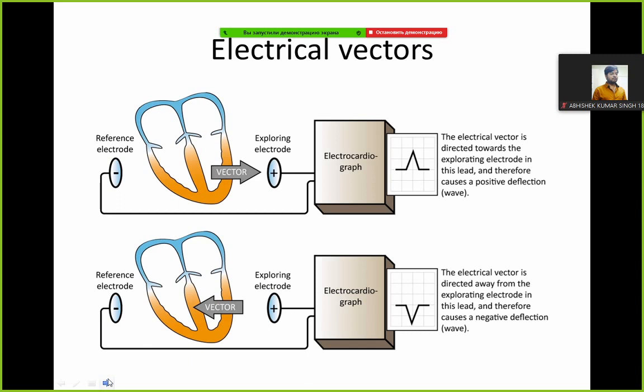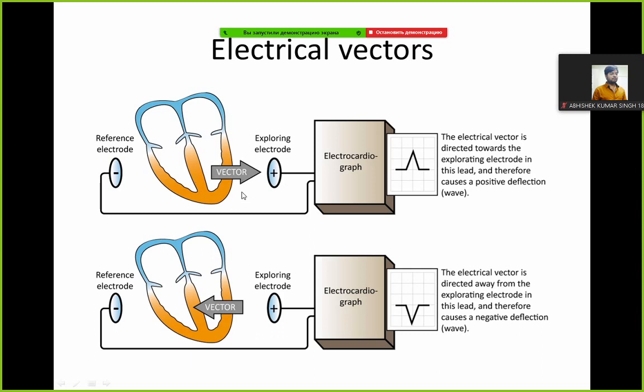It is fundamental to know the genesis of the waveforms of the ECG, and this requires knowledge of the electrical vectors that exist during the cardiac cycle. An electrical vector is a physical quantity which has both magnitude and direction in space. Movement of electrically charged particles which occurs during spread of the cardiac action potential generates an electric vector.